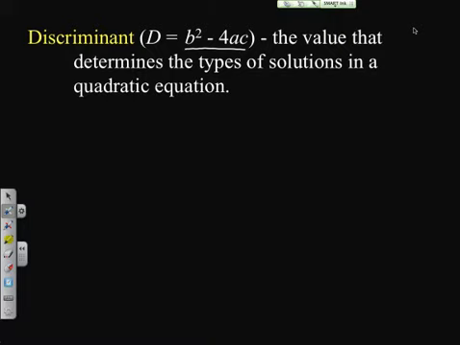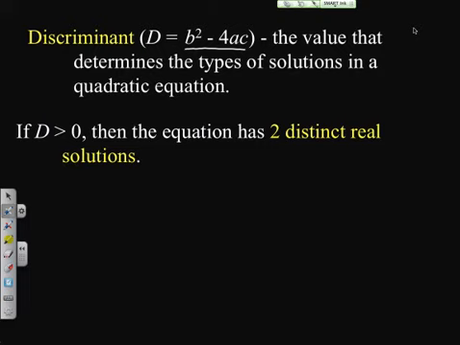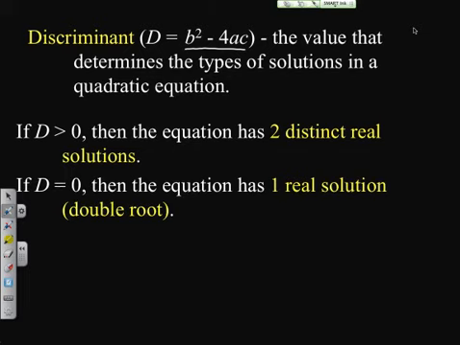And here are our descriptions for the discriminant. If the discriminant is positive, greater than 0, the equation has 2 distinct, or 2 different, real solutions. If d equals 0, in other words, if the stuff inside that radical cancels out to 0, so in your equation you have plus or minus 0, then the equation has 1 real solution, and that solution is what we call a double root, because it's the same answer happening twice.